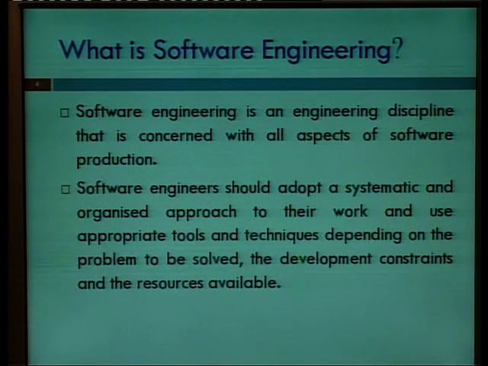When we solve a problem by following a particular structured manner, by following different steps, different lifecycle models, and different phases in the software development lifecycle models, then that is known as software. Software is the structured approach to solve the problem, and software engineering is the discipline that is concerned with all the aspects of that software production.